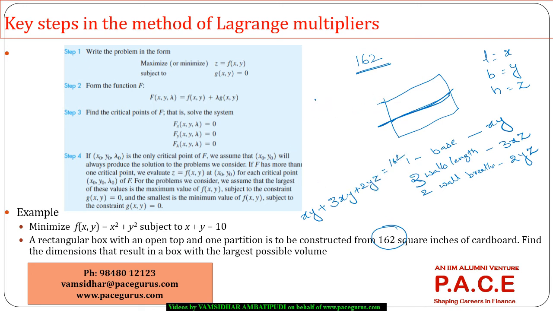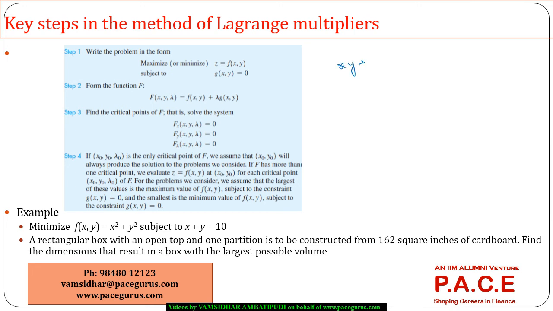So let me rewrite this: xy plus 3xz plus 2yz is 162. So I need to find the volume now. What is the volume? xyz is the volume, right? So I have to maximize this volume subject to this constraint.